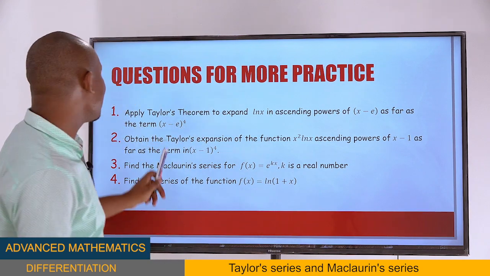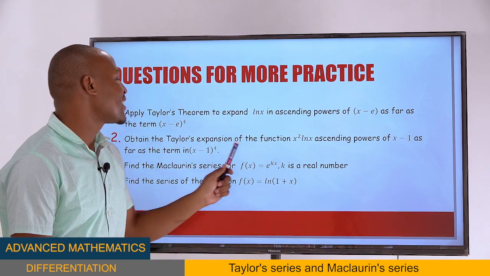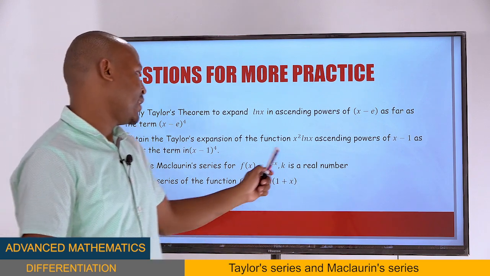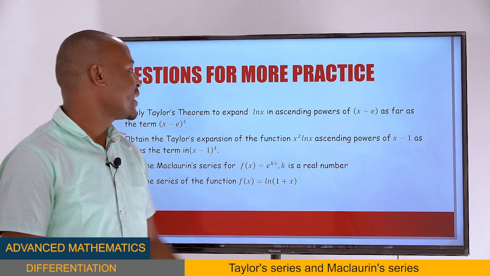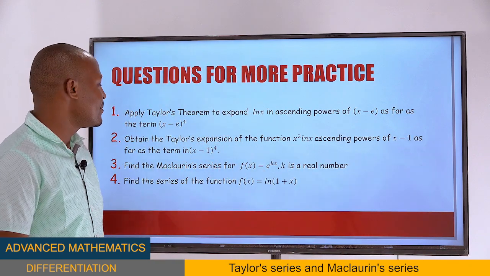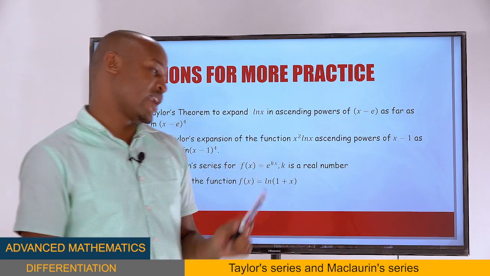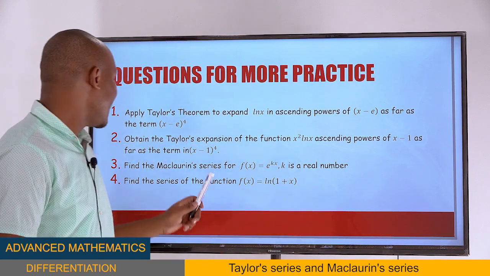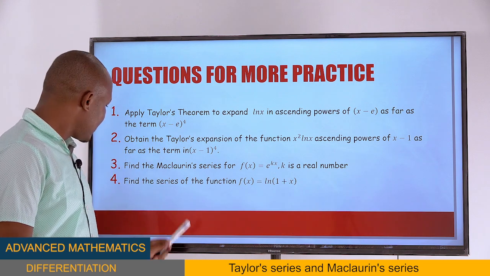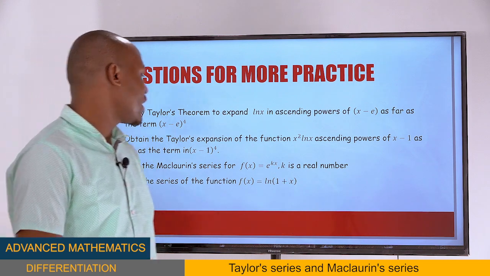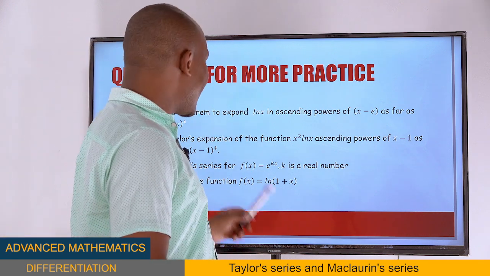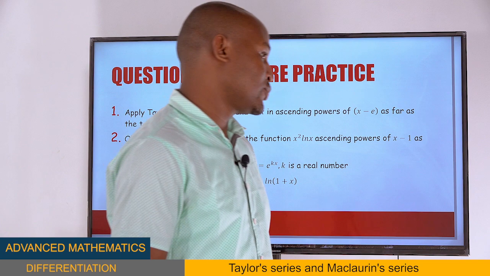And then after that, obtain the Taylor expansion of the function x squared times the natural logarithm of x, that is the product, in ascending powers of x minus 1, as far as the term x minus 1 raised to 4 is concerned, and then find the Maclaurin series in that nature. We did it as we were doing in the previous example, and that is your exercise to do.